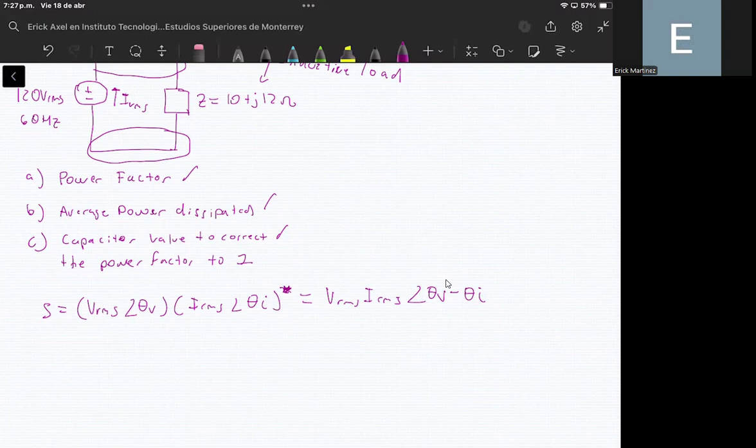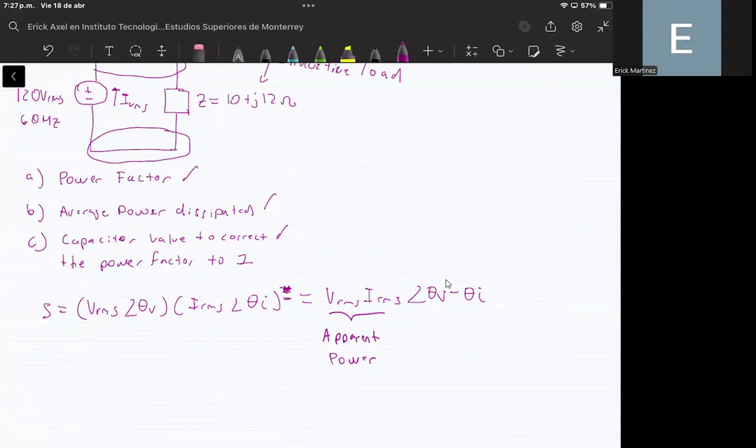But since I am changing the sign of the angle for the current, I am writing here a negative sign, because of the conjugate that I am considering here. Also remember that the multiplication between the RMS voltage and the RMS current is the apparent power.